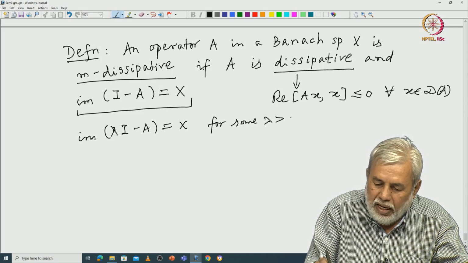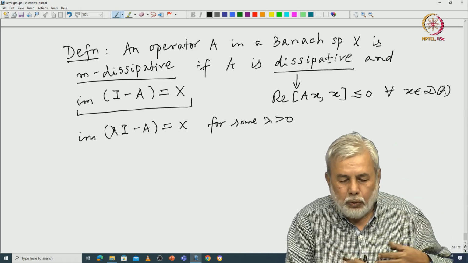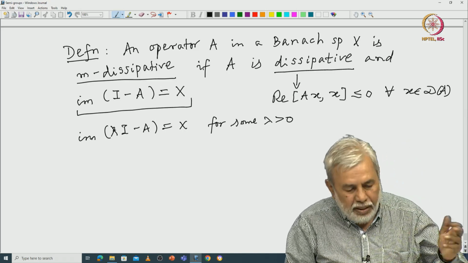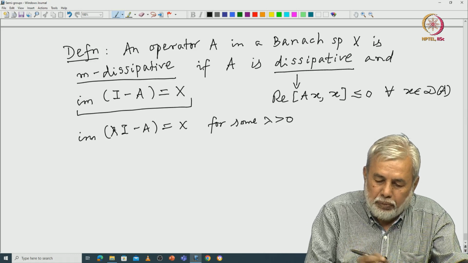So, in applications you need not always look for the identity, but some convenient lambda positive.